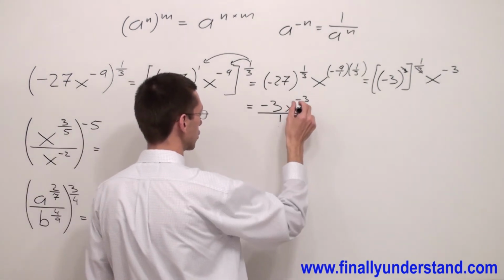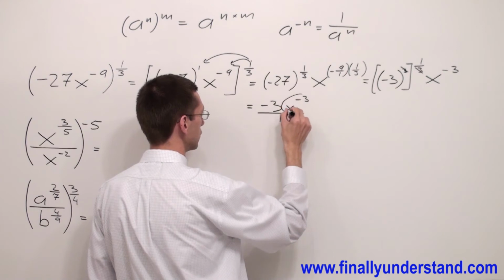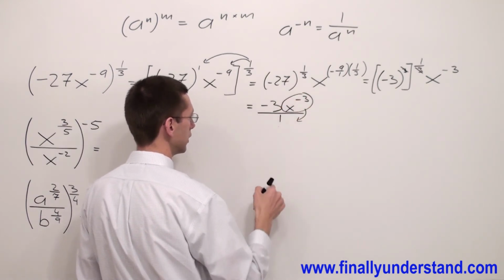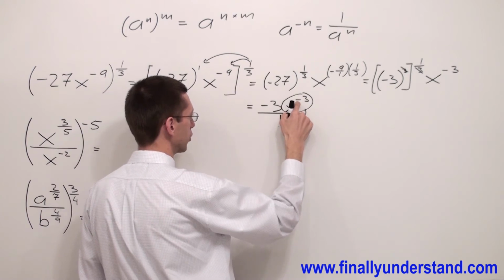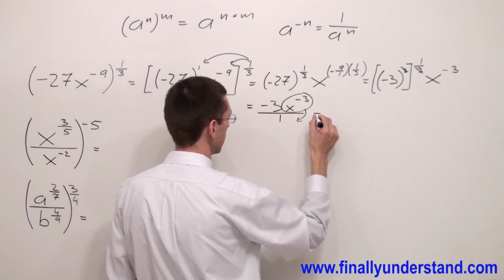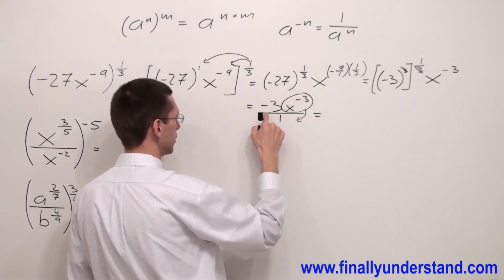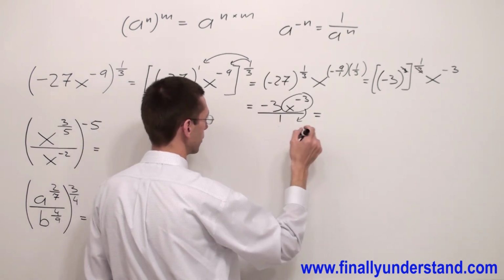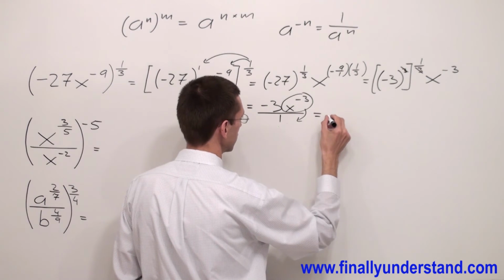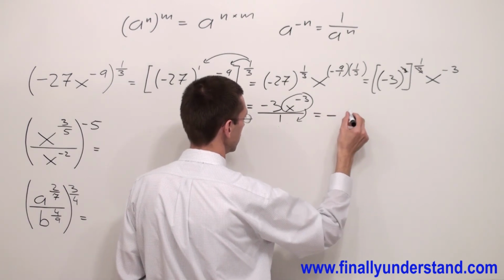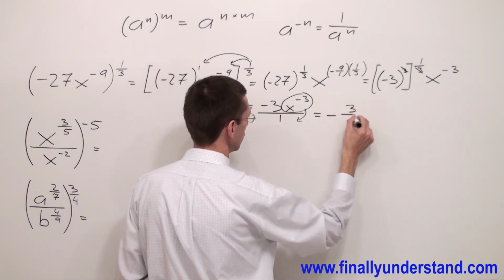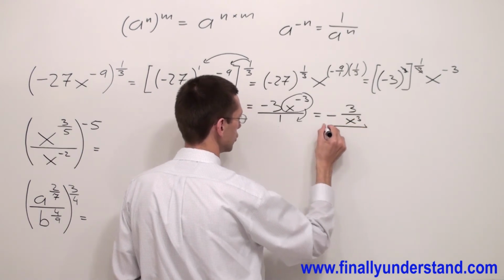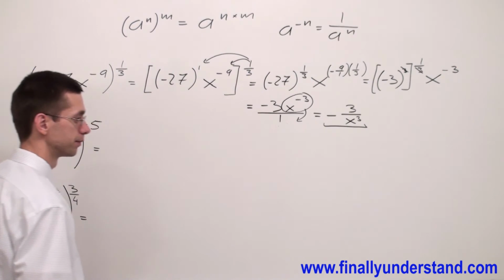Anytime you want to convert a negative exponent to positive, you have to take this expression and bring it down to the denominator. Negative divided by positive, okay? A negative sign divided by positive is going to give me negative. So my answer is going to be negative 3 over x to the 3rd. This is the solution to my problem.